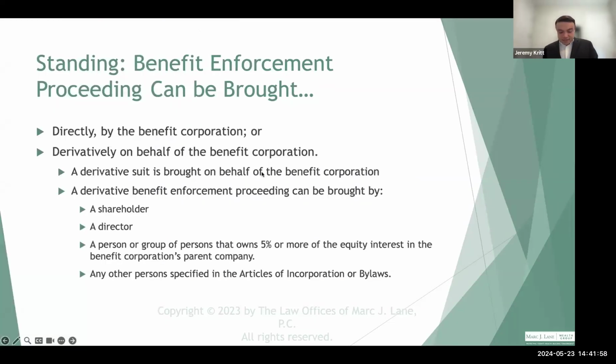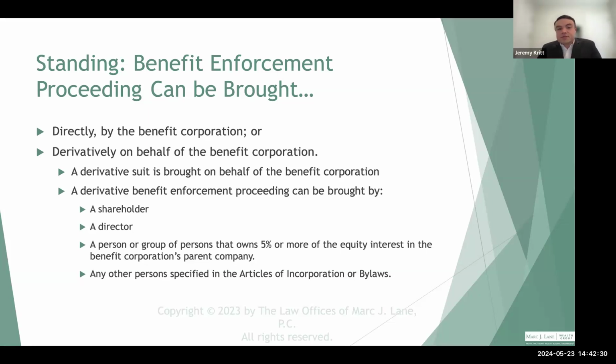So who has standing to initiate one of these benefit enforcement proceedings, and really who has the authority, power, and ability to actually hold the benefit corporation and management accountable for these voluntary commitments that they made to pursue these additional purposes and requirements?